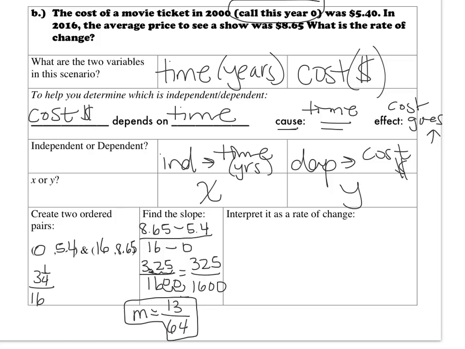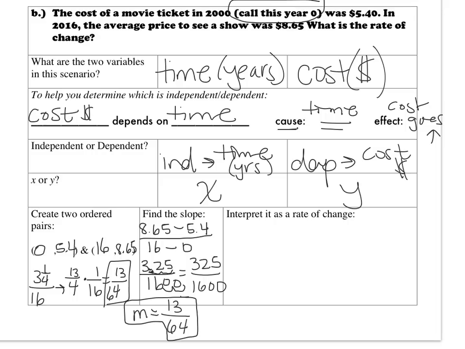We could change 3 1/4 to an improper fraction, which is 13/4, and then we're dividing by 16, or multiplying by 1/16. If you just multiply, you get 13/64. So either way you get the slope. Whatever way makes the most sense to you, go for it.